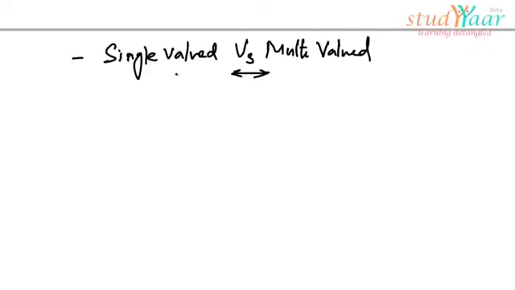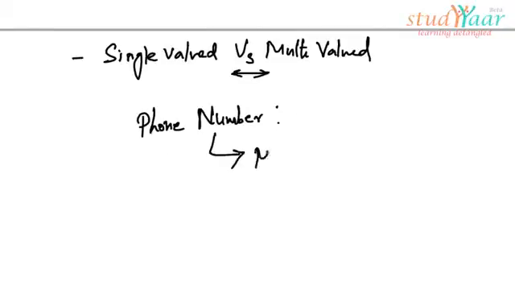So let's suppose our attribute phone number. A person can have any number of phone numbers, right? It can have 2 mobile numbers, it can have 0 mobile number, it can have a mobile number and a landline number. There are so many different possibilities. So in that case, we say that phone number is multi-valued. It has many values.